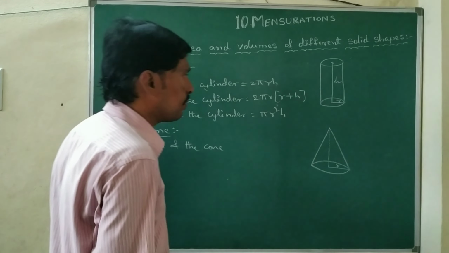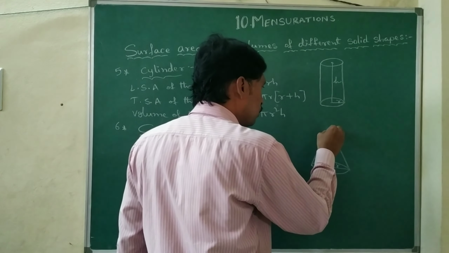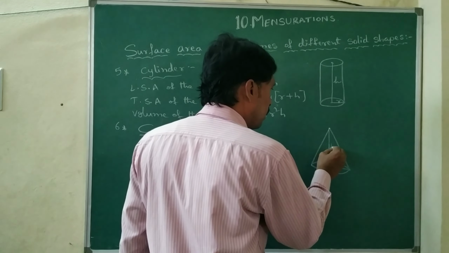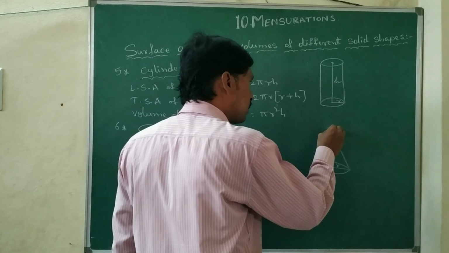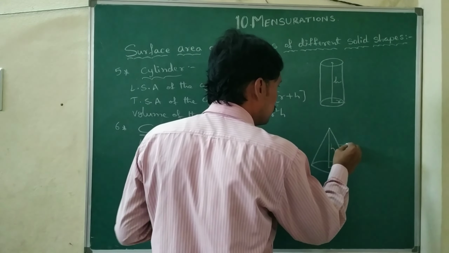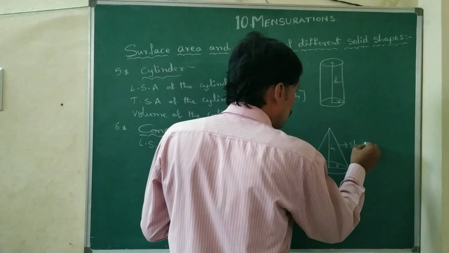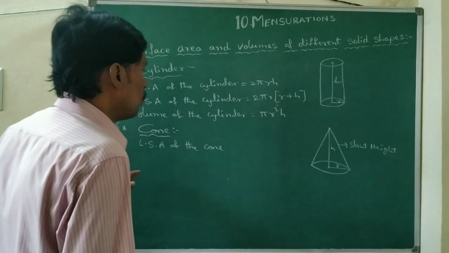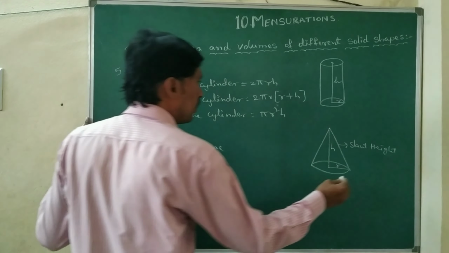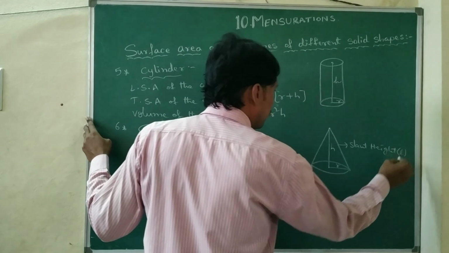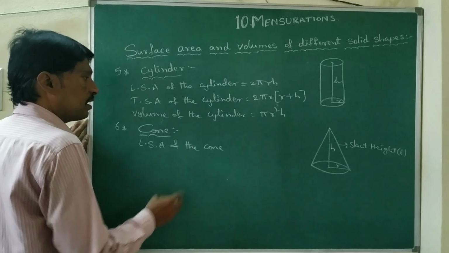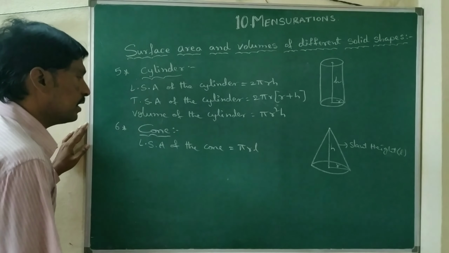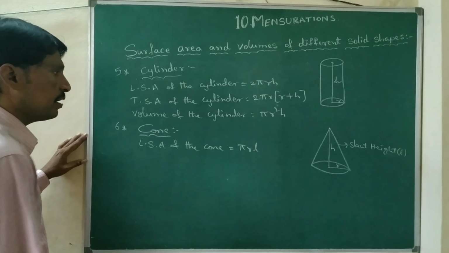Here this vertex to the center of the circle is called the height of the cone. This slant one is the slant height, which we take as L. So LSA of the cone equals pi r L.